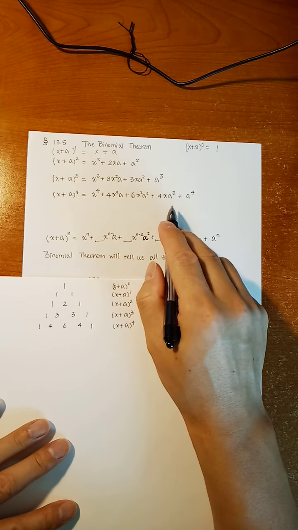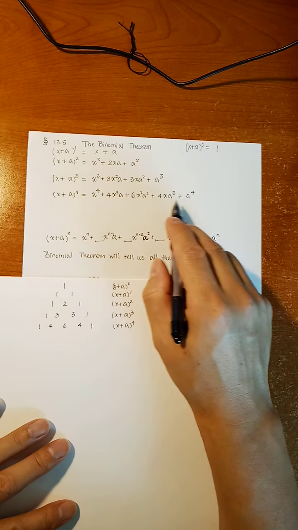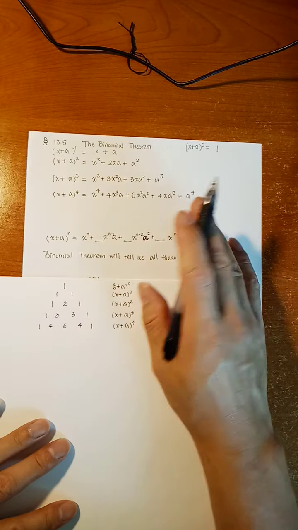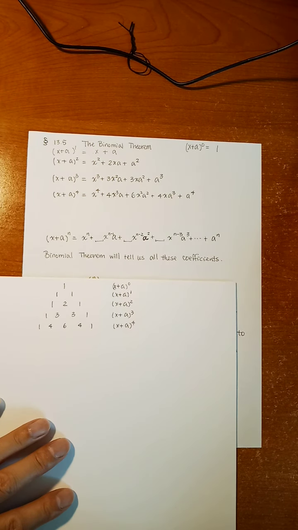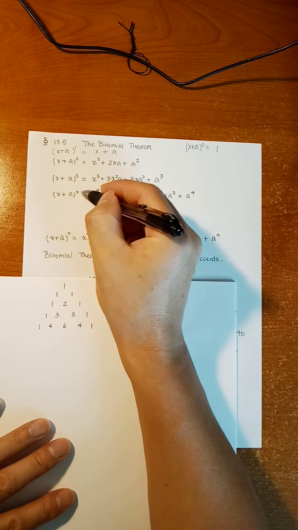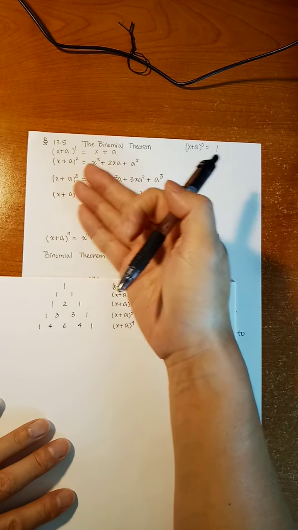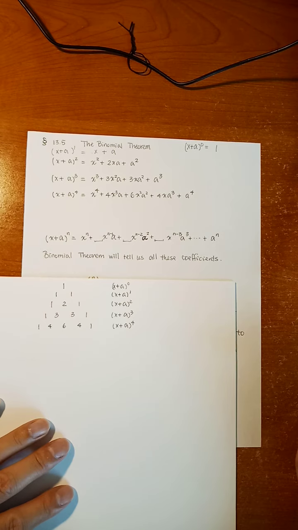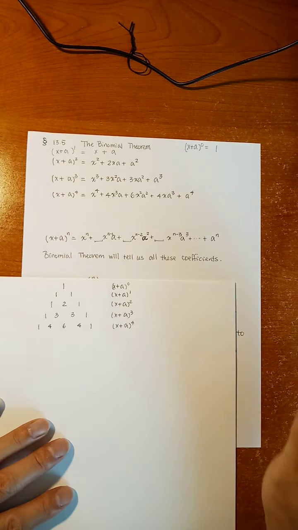Remember, this is not a crazy formula. It's just expansion by computation. No tricks at all. You just do x plus a squared times x plus a, you get x plus a cubed, and then times x plus a, you get x plus a to the 4th power. And you simplify it like this.